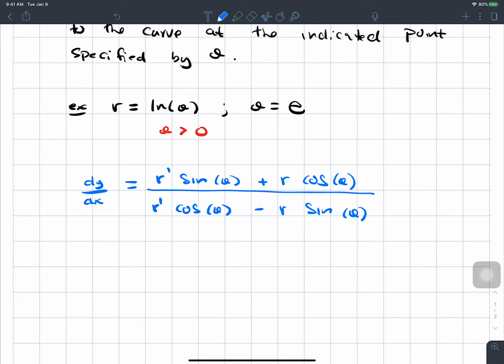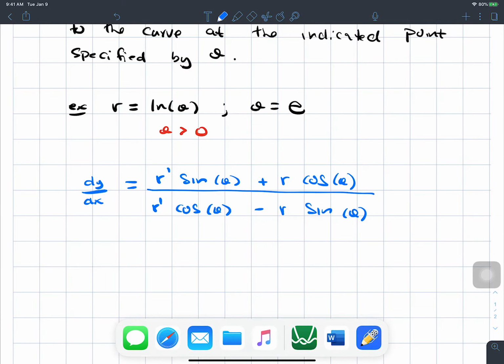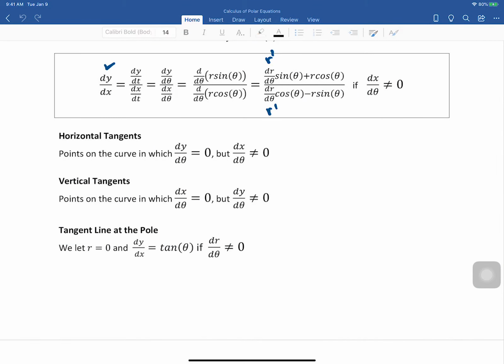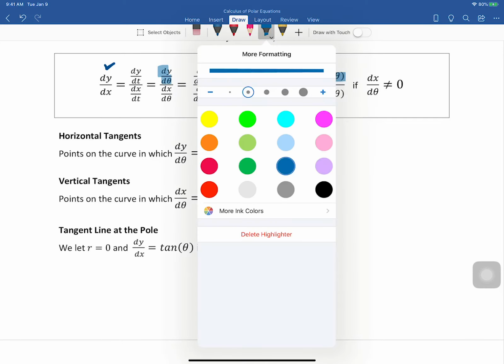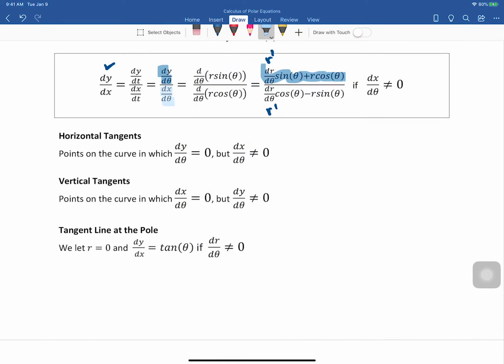So let's double check and make sure. Okay, r prime cosine theta minus r sine theta. And remember the numerator here, dy/d theta, is what you see up here. And the denominator, dx/d theta, is what you see down here.